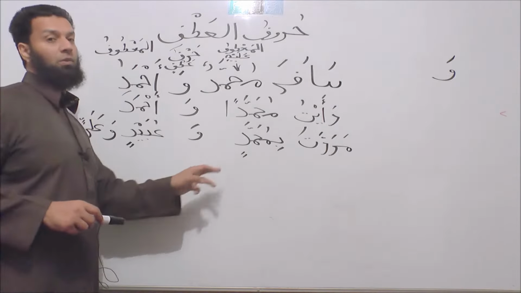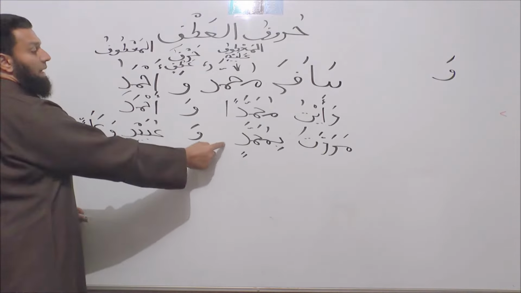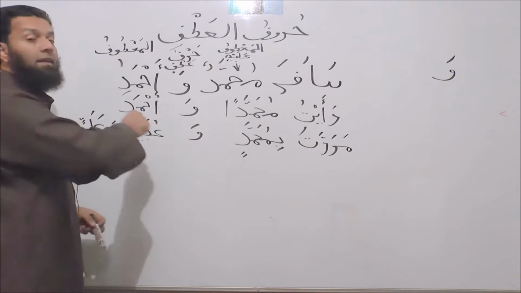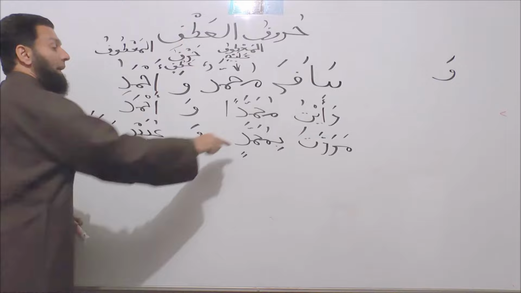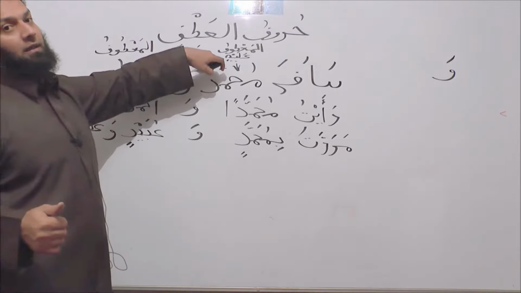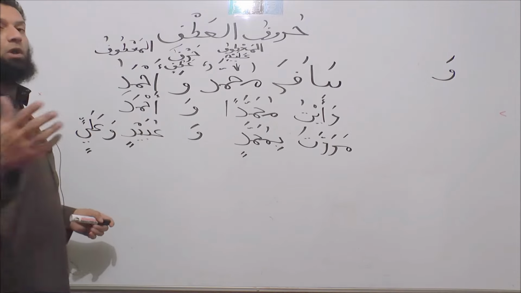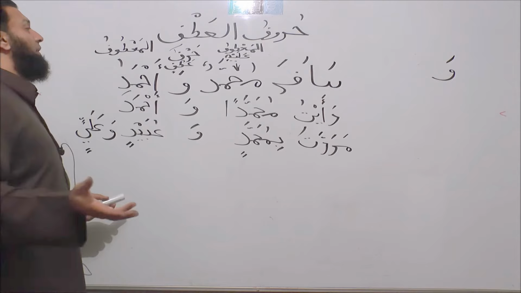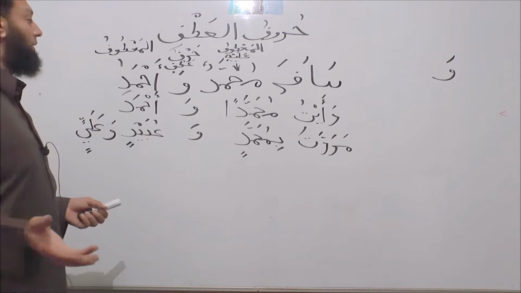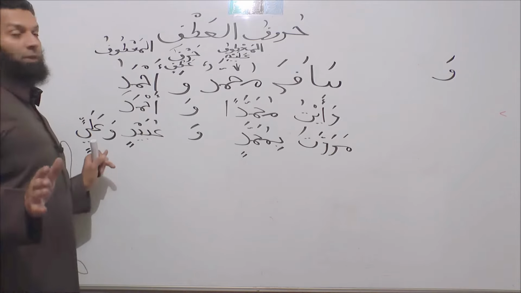Yes, ala majrurin. It's said to be al ma'tufu because of this. Al ma'tufu alayhi. That's the ism that will refer back to the one which is originally al ma'tufu alayhi. Right? So the waw is not particularly complicated. Is that clear? We have all three states.